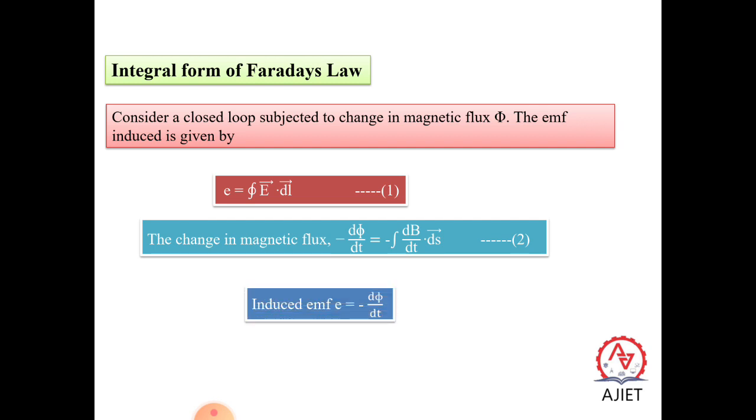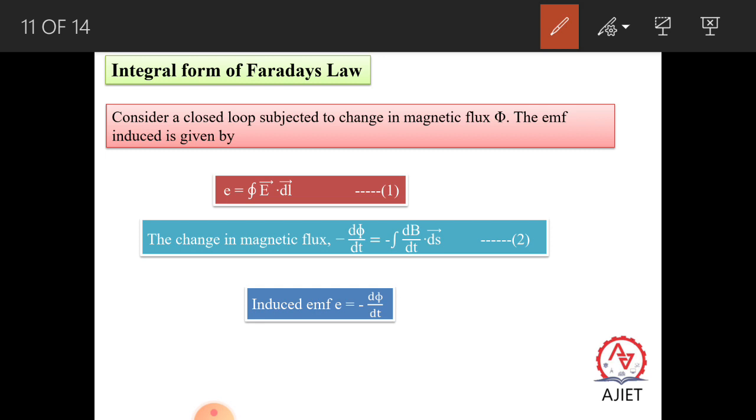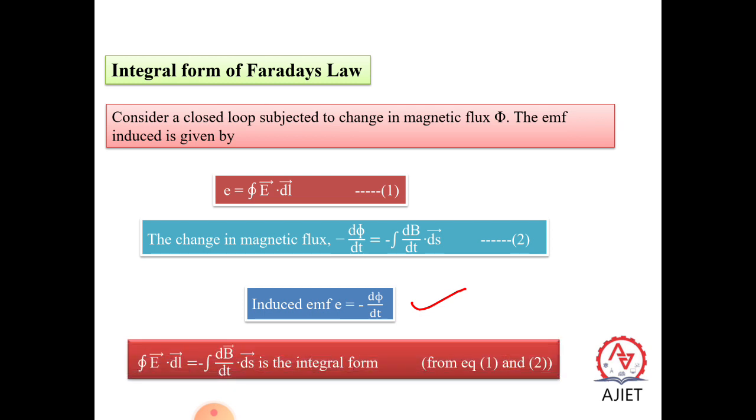If you equate equation 1 and equation 2, we can write that the closed integral of E dot dl is equal to minus the integral of dB by dt into ds. So this gives you the EMF induced in both ways.